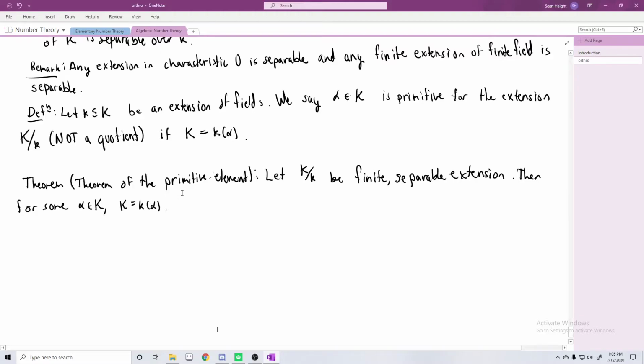One way to write this, recall, k join alpha is little k join x mod the minimal polynomial for alpha over little k. So this theorem says that finite separable extensions always look like this for some alpha. So this is kind of cool.